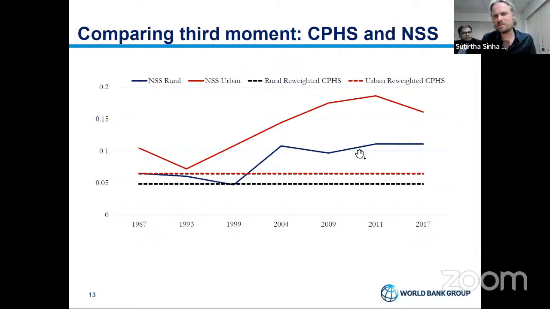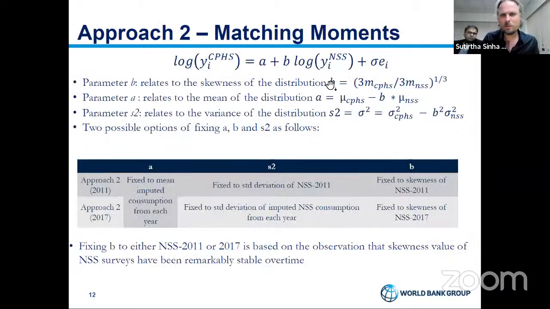Since 2004, it so happens that the third moment in the NSS consumption distribution is relatively stable. And so we're going to utilize that empirical observation as follows. The parameter B in this regression is basically the ratio between the third moments in the distributions, to the power 1/3.